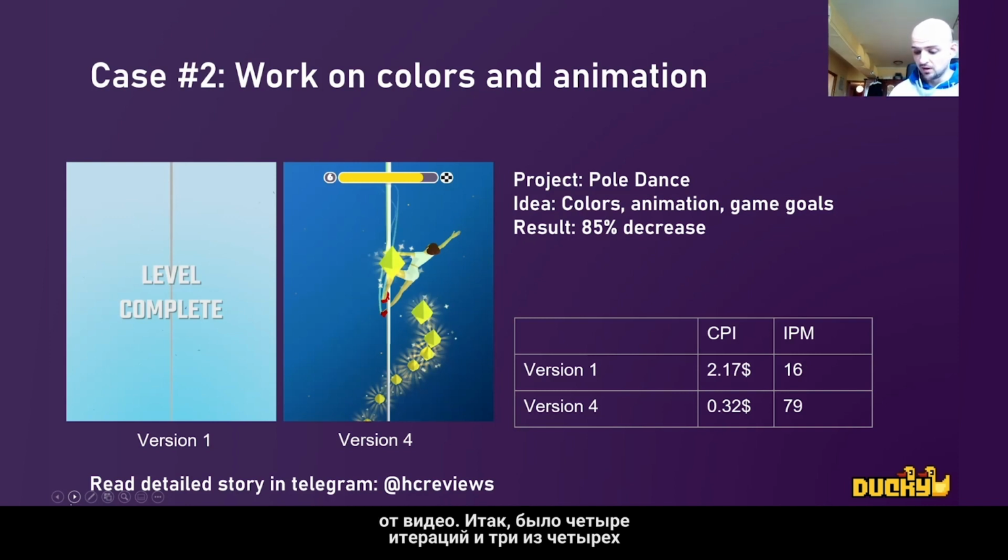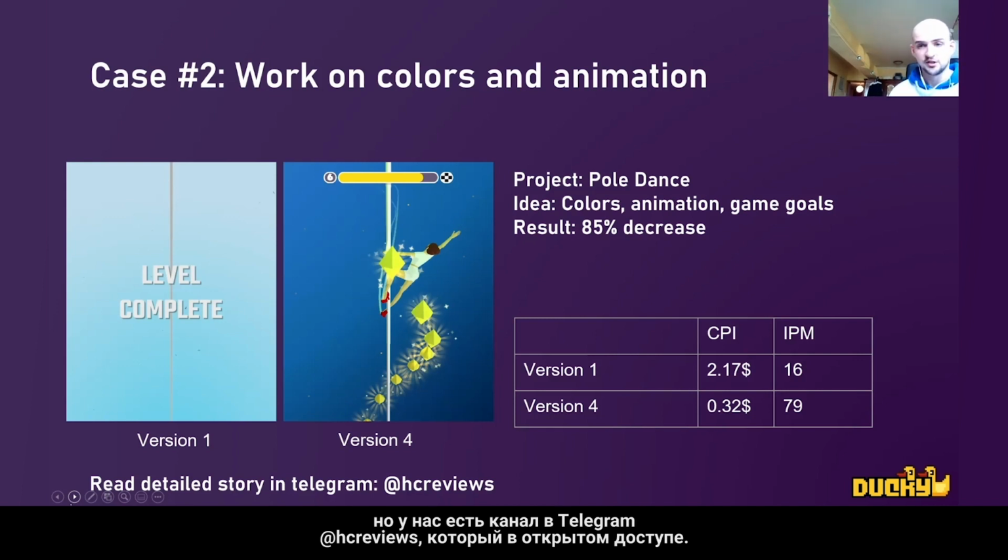And so we did. There were 4 iterations here, and 3 out of 4 were successful, every time we dropped CPI by a certain amount. It was mostly working with colors.